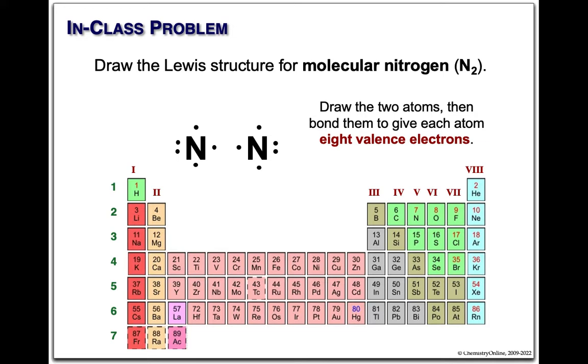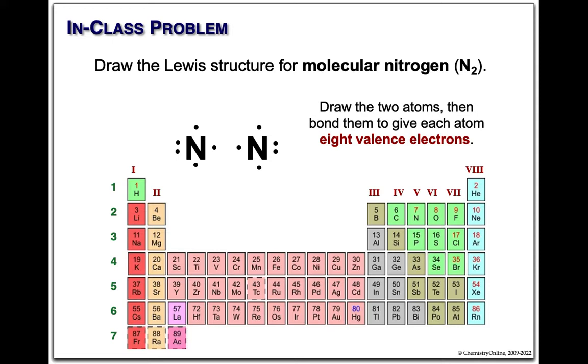Clearly we can make a bond here. Okay? So for this nitrogen, that would be 2, 4, 6 electrons. Same thing for this one. 2, 4, 6. 6 is fine, but it's not 8, is it? So what we're going to do, because this is simply bookkeeping, is rearrange these electrons so that we wind up with octets.